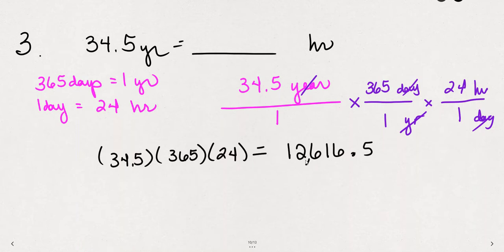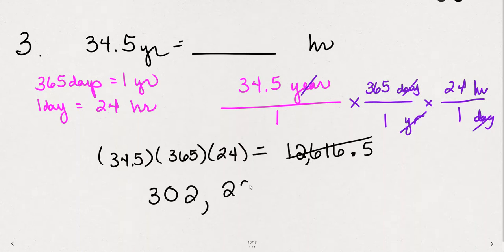Let me check that multiplication one more time. I've got 34.5 times, oh, you know what, I think that didn't look right. As I was looking back, a good problem solving step is to look back, right? I was looking back at that thinking, it seems like it should be more, and it should be. If you did that multiplication in your calculator, you would recognize, wait, that can't be right.